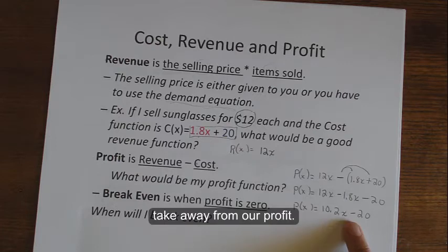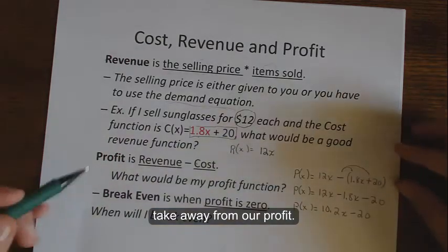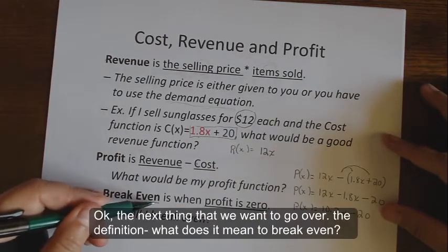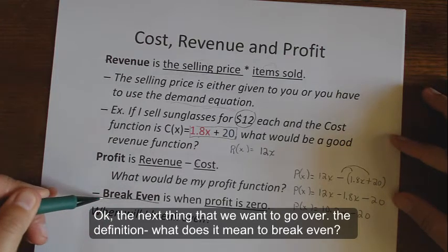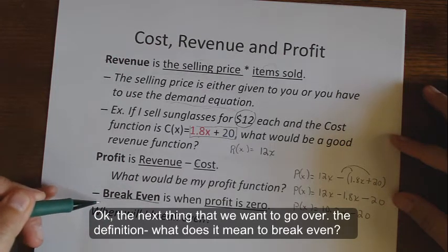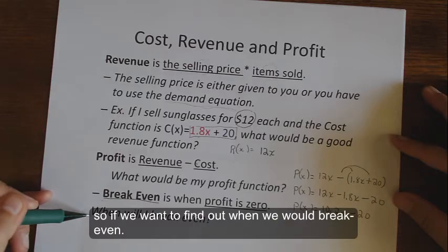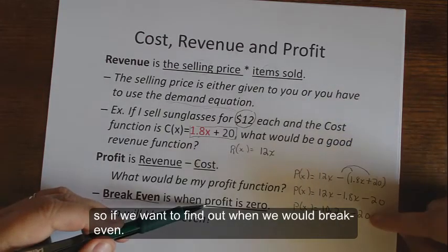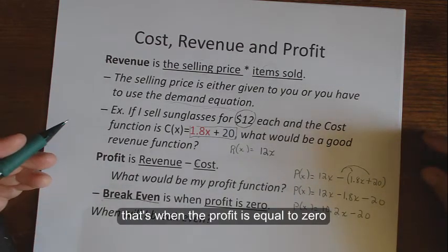Okay, the next thing that we want to go over is the definition. What does it mean to break even? If we want to find out when we will break even, that's when the profit is equal to 0.